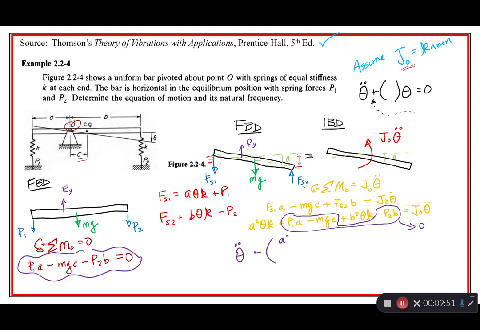So you're going to get A squared plus B squared times K, I also did a little jumping around there, divided by JO theta equals 0. But I think we could probably make out all right if we decided that it was accelerating in the opposite direction from what we had right here. We know that it's going to be that standard thing. There's nothing special about that minus sign.